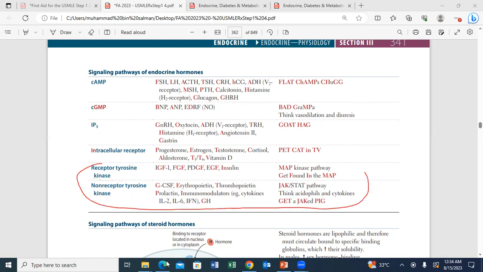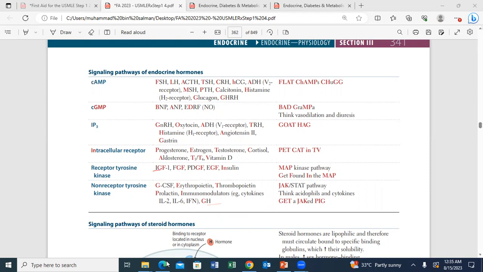They may not go into so much detail to analyze your knowledge. One thing is very important: you must know insulin acts by autophosphorylation. Other than that, you may memorize that growth hormone, prolactin, all the cytokines, all the growth factors, all of them act by tyrosine kinase. Right? So cytokines, growth factors, prolactin, and growth hormone. Growth factor, growth hormone.